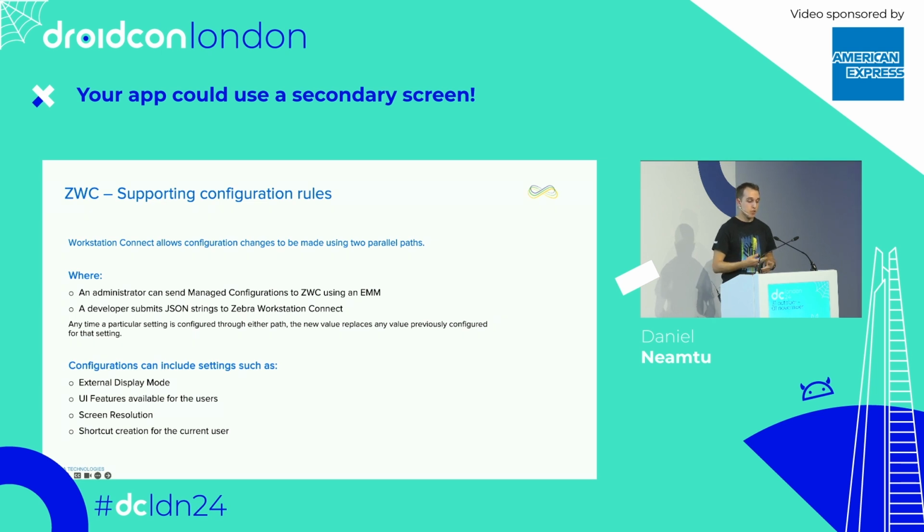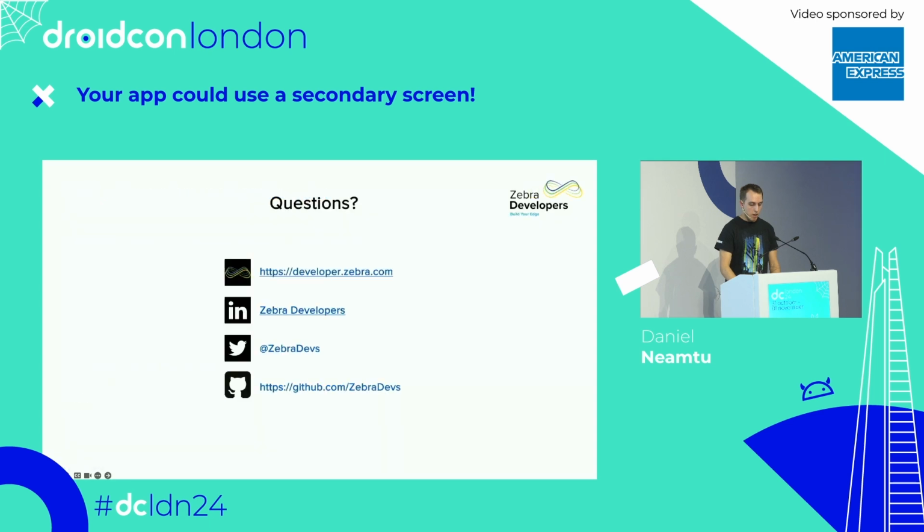We can also specify some UI features which are available for the user, the screen resolution, and we can also create specific shortcuts for the current user, so we can have a more personalized experience for the user that's going to use the device. Of course, there is much more available for the developer.